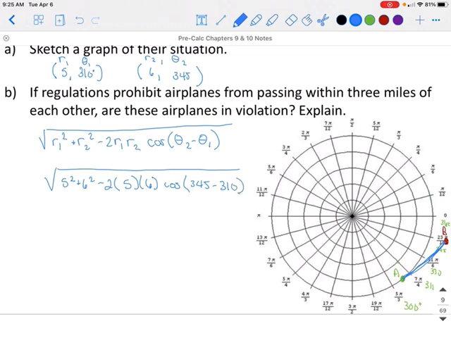And if you put all of that into your calculator at once, you're going to get a distance of 3.44 miles. Now part B says, if regulations prohibit airplanes from passing within 3 miles of each other, are the airplanes in violation? So these are not in violation of the regulation since they are more than 3 miles apart.